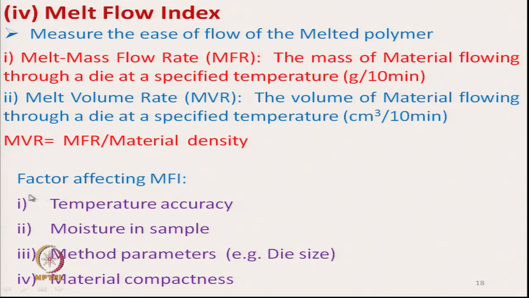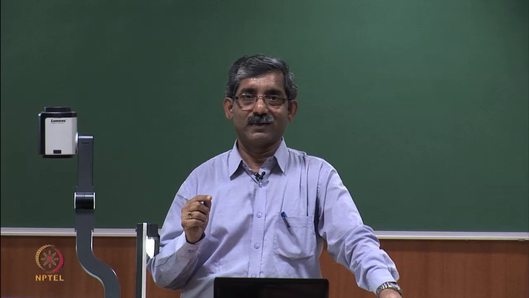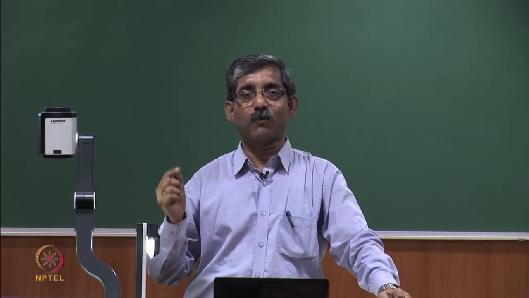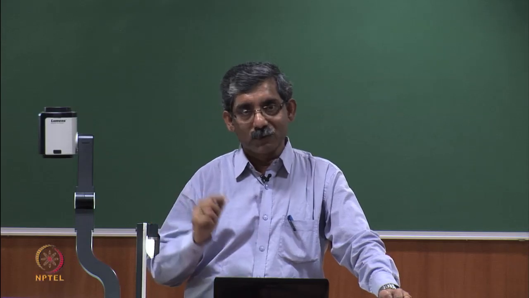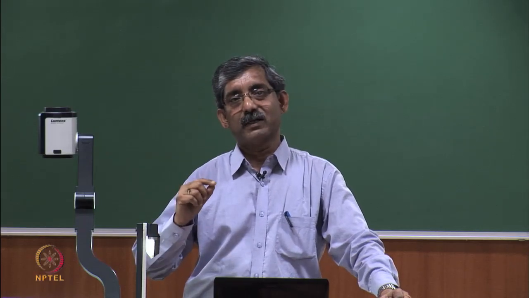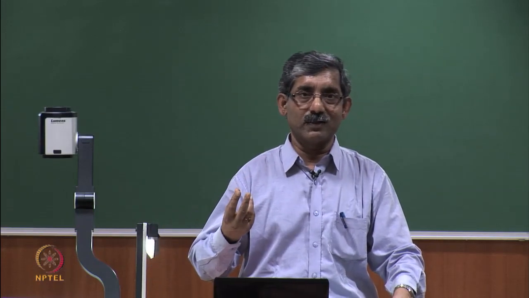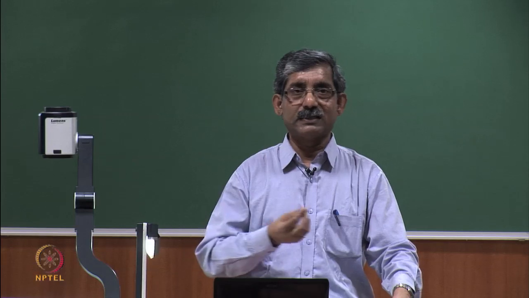The factors which affect the melt flow index are temperature accuracy, when we heat the material at a particular temperature. If the temperature accuracy is not maintained properly, with a sudden increase in temperature, even 1 degree, the melt flow index will change.